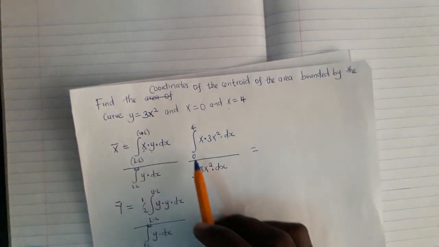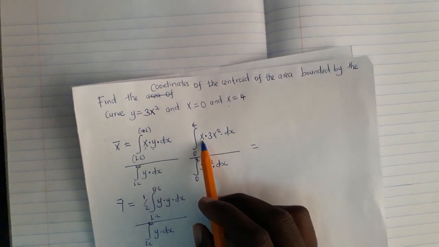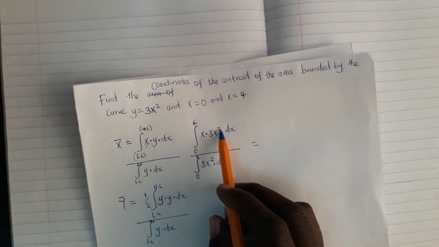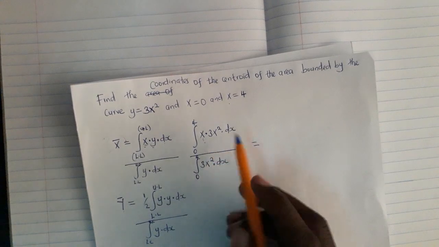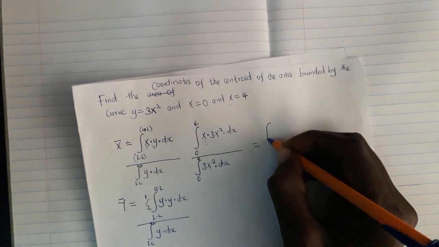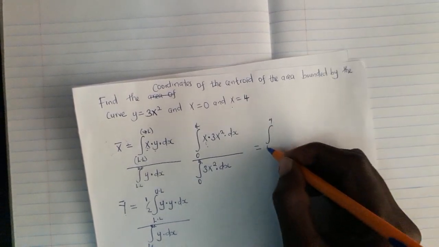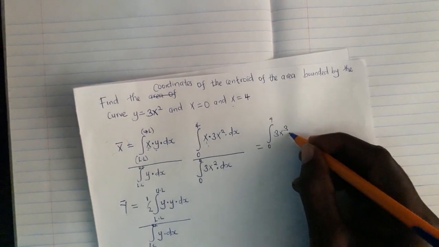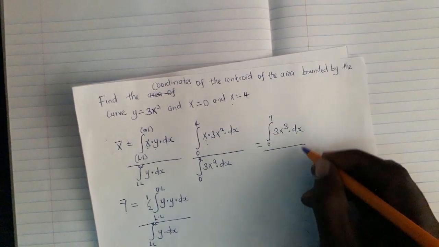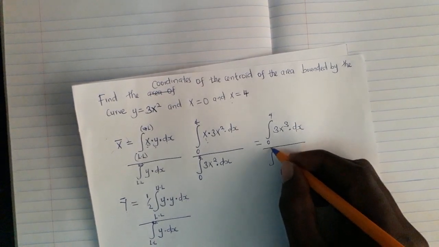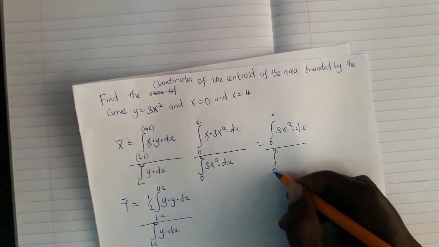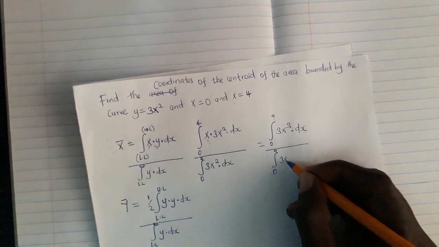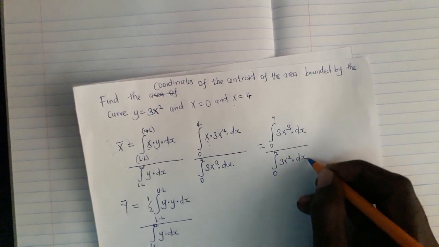If we take x multiplied by 3x squared, we get 3x power 3. So the integration of our upper limit, our lower limit, 3x power 3 with respect to dx, over the integration of our upper limit, our lower limit, 3x squared with respect to dx.